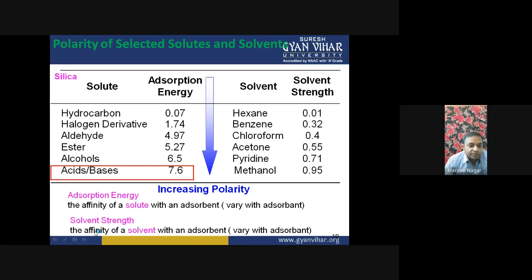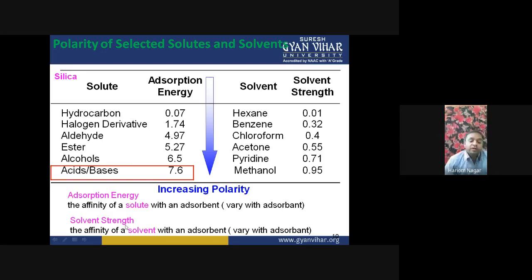So the solvent strength is the affinity of a solvent with an adsorbent. This also varies with the adsorbent. The affinity of the solvent with the adsorbent, meaning with the stationary phase, is called the solvent strength.